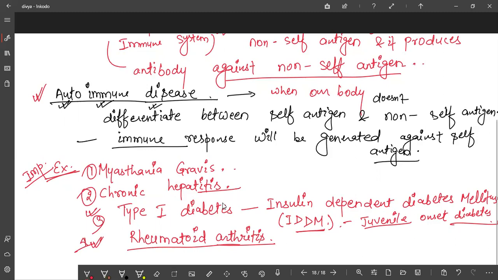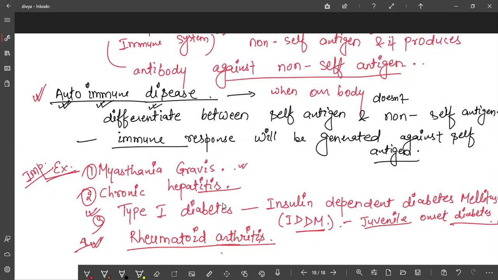You have to just learn these names. Especially this has been given in class 11th in NCERT also. So you have to memorize myasthenia gravis and rheumatoid arthritis. I think this disease name has also been given in your NCERT. Is it there or not? I think in 12th NCERT, autoimmune disease is there.